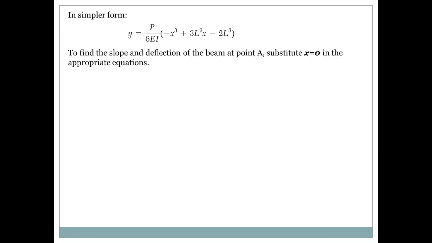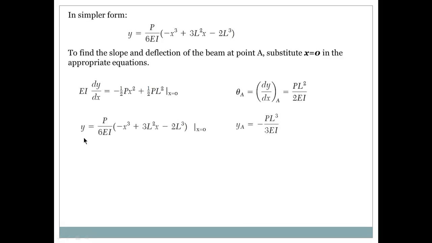That's why x equals 0. So if I substitute into the theta equation x equals 0, I'll have theta A equal PL squared over 2EI, and if I substitute in the y equation x equals 0, yA equals minus PL cubed over 3EI. So this is our final answer.